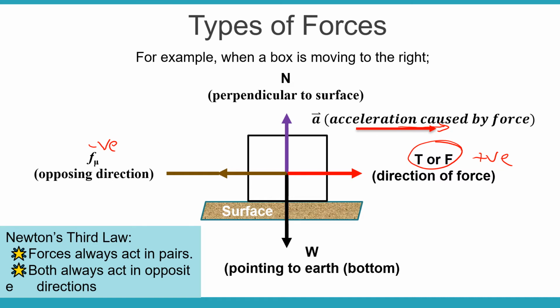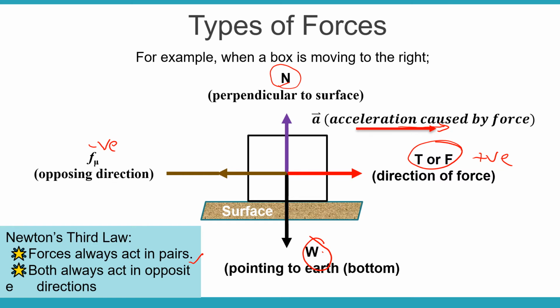to the gravity is the weight. Okay, so Newton's third law, dia kata force always act in pair. Okay, dia akan berpasangan. Sebab tu kalau ada ke atas tu adalah normal force, yang ke bawah adalah weight. Okay, kalau dia ada tension of force ke kanan, jadi ke kiri dia akan ada frictional force.